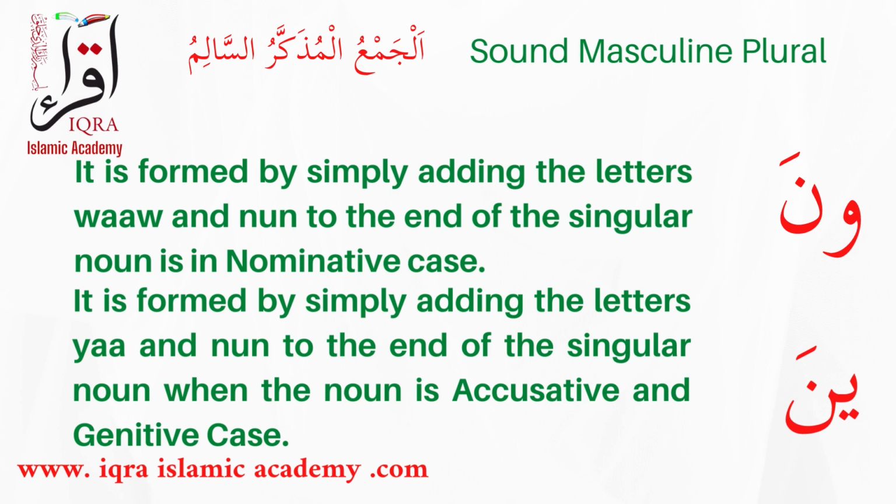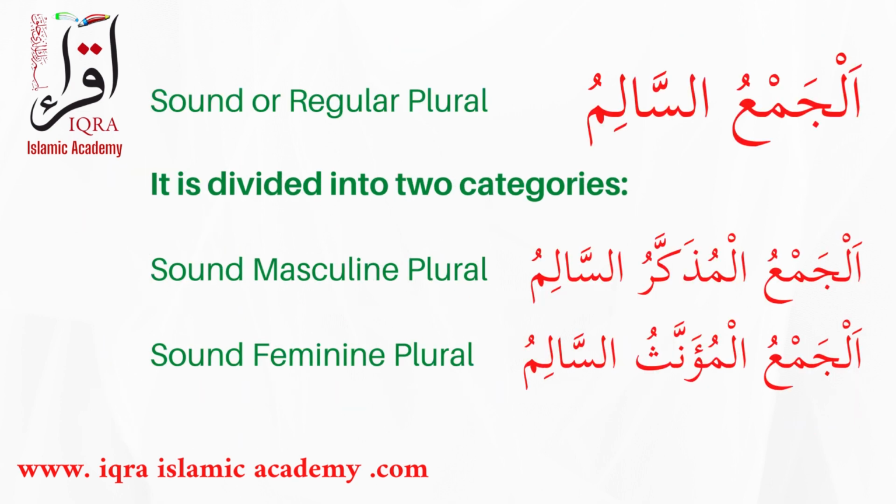The singular form is not changed or replaced by something. Al-Jam'u al-Salim is divided into two categories, one for masculine and another for feminine. Al-Jam'u al-Mudhakkar al-Salim, sound masculine plural. Al-Jam'u al-Mu'annath al-Salim, sound feminine plural.